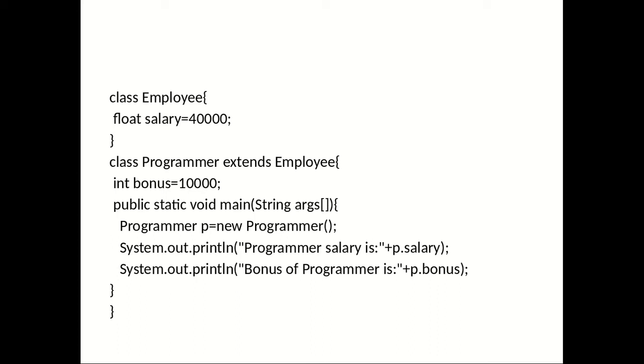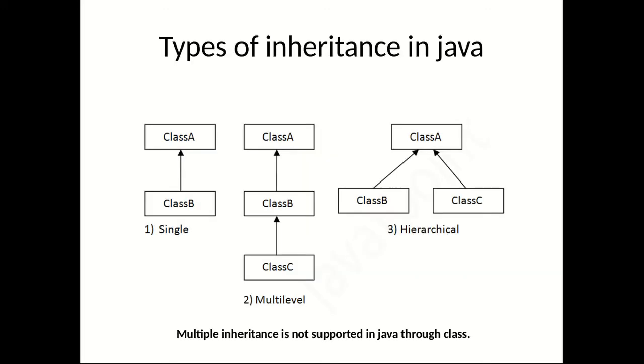In addition to that, he will get something extra, here indicated as bonus. For a programmer, he will get an extra bonus. The remaining properties are the same. So Employee can be added to Programmer. Programmer extends Employee. We will demonstrate this in detail with the program.